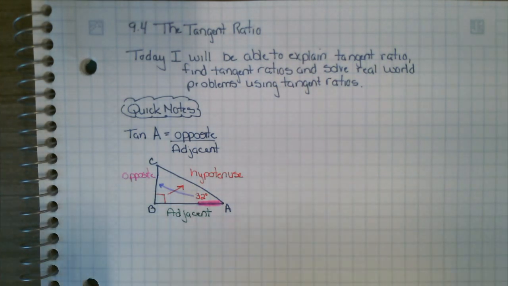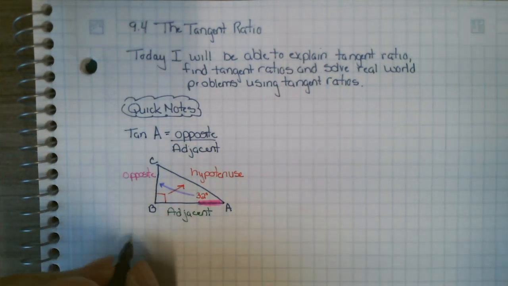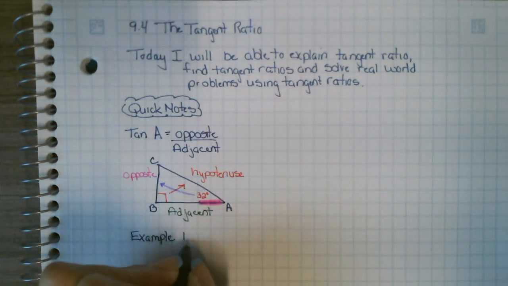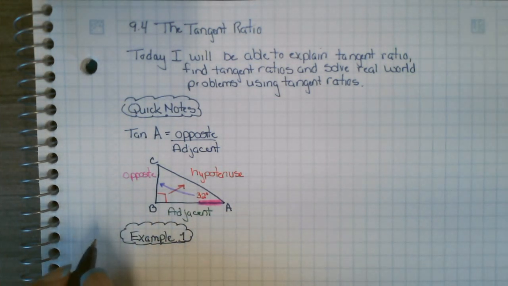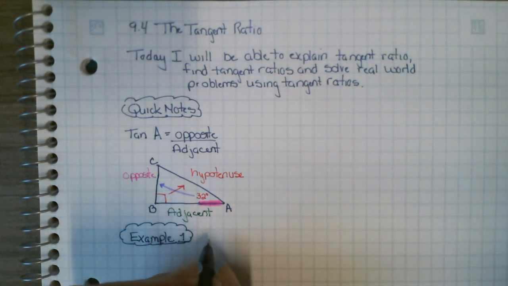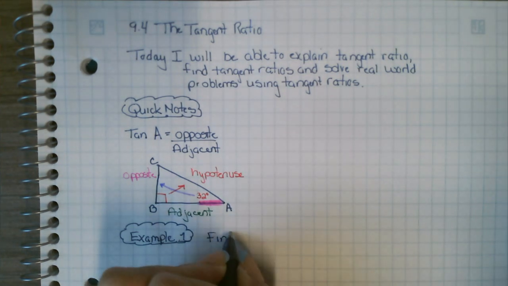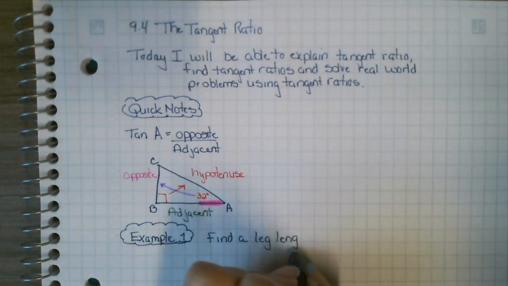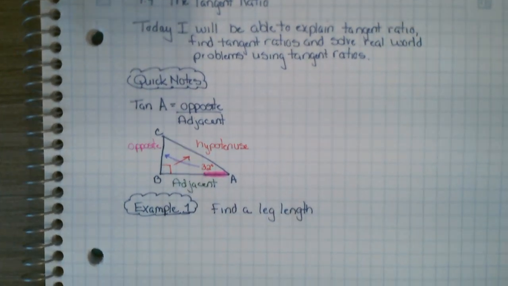All right, so we're going to do example number 1. Last week you solved those and got decimals as your ratios, but today in our examples, we're going to find a leg length. So that's what we're doing today.